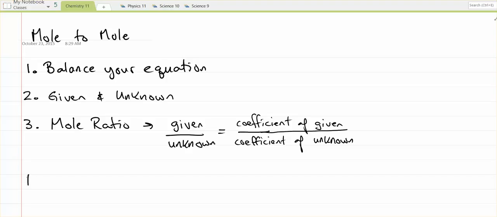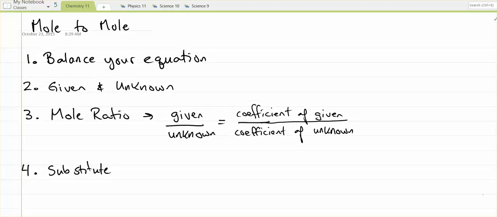Once you've done that, you substitute in your given and unknown actual values, and then you solve for moles. So there's our 5 steps.